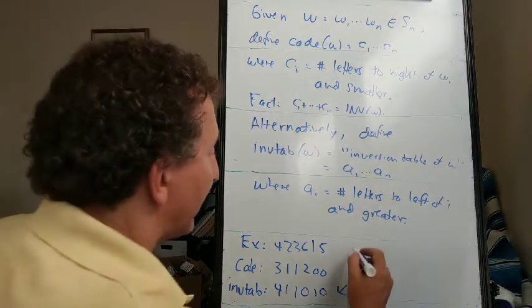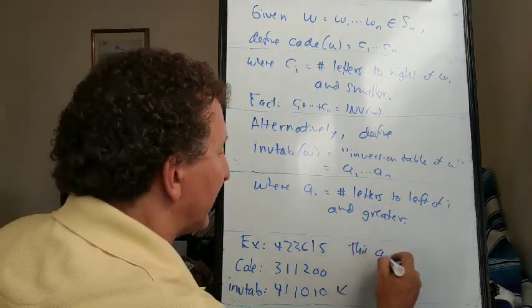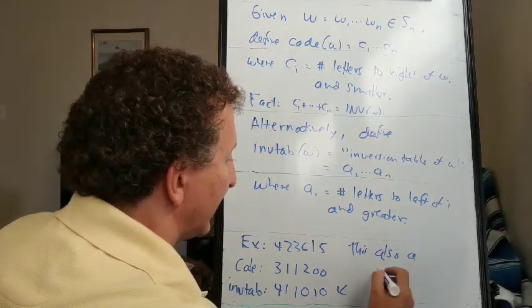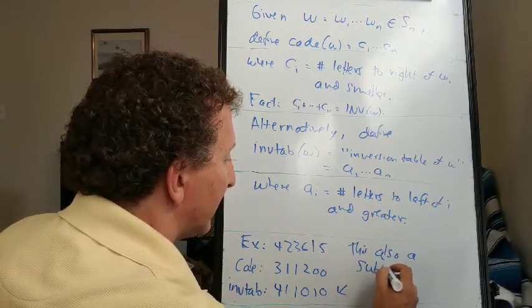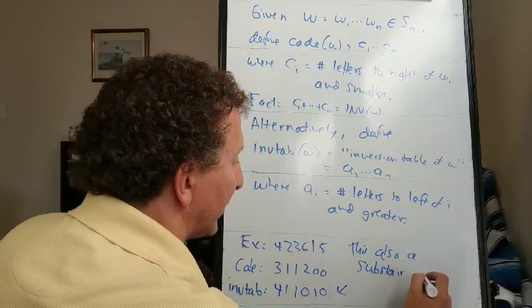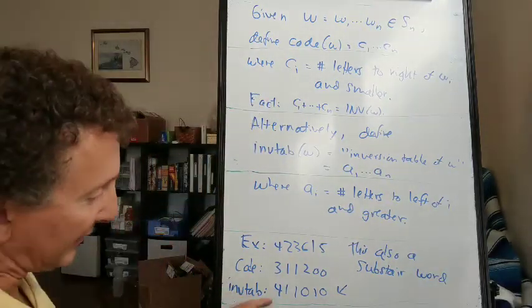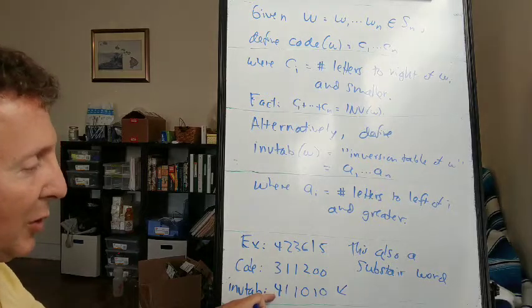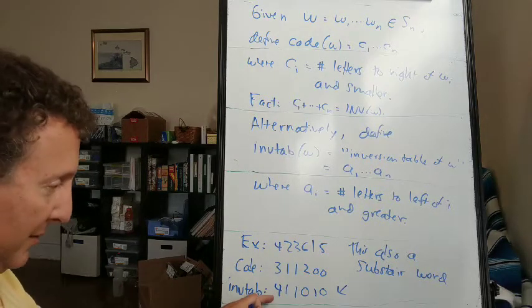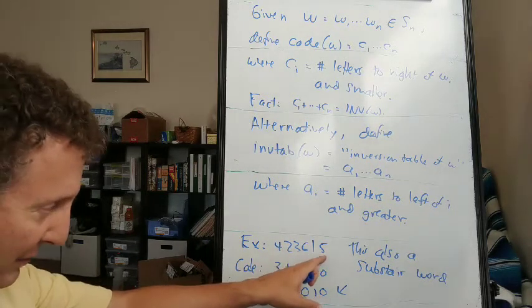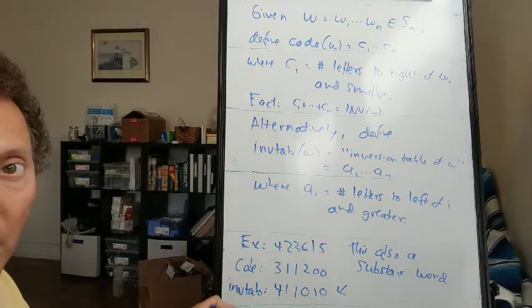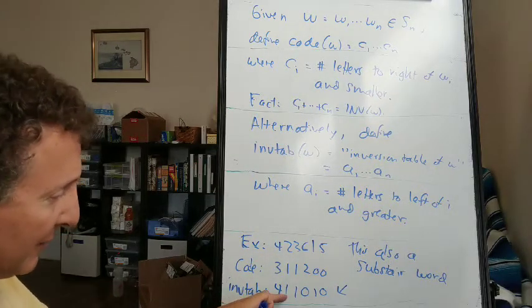So this is also what I call a substair word, because the first letter is somewhere between 0 and n minus 1. That happens if the 1 is in the last position. It'll have n minus 1 things to the left of it and greater.